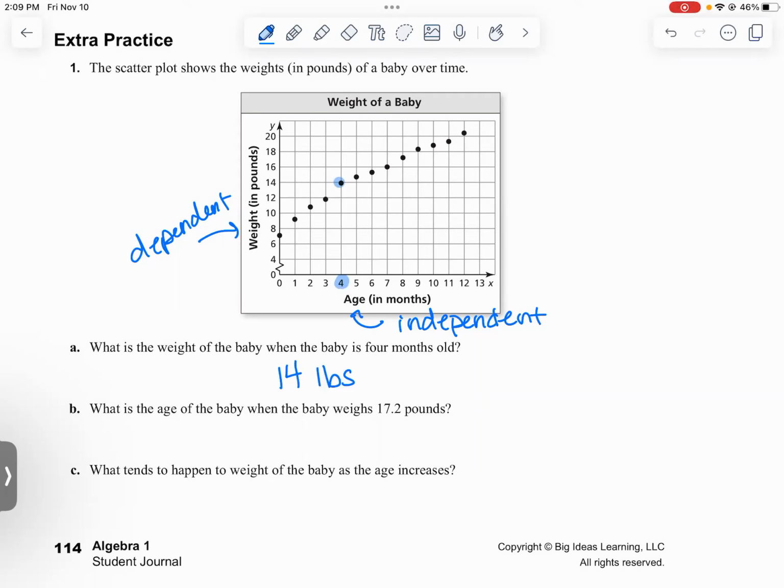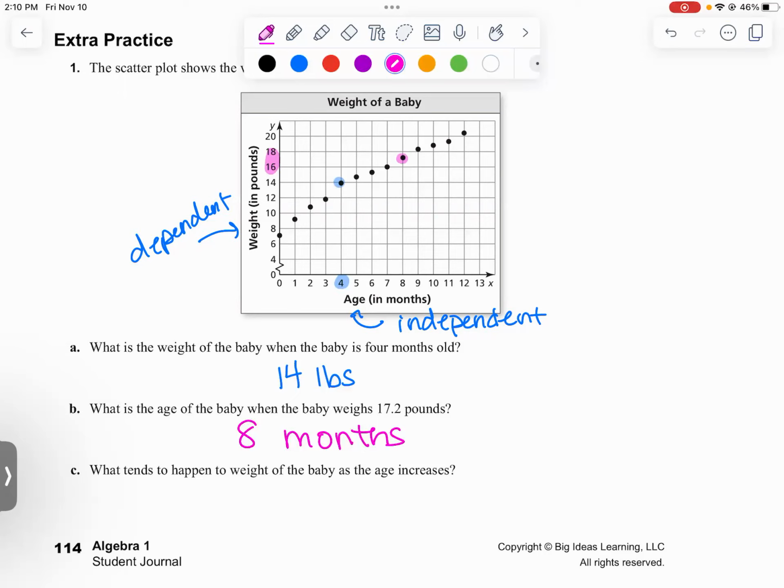What is the age of the baby when the baby weighs 17.2 pounds? So here is 17, right? Somewhere in here. So would you say that's 17.2? Yeah. Okay, so then we read it as 8 months. What tends to happen to the weight of the baby as the age increases?